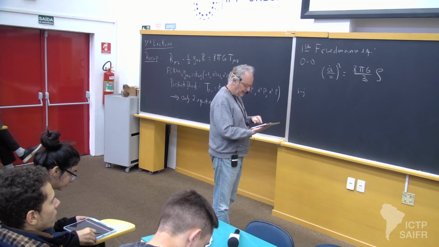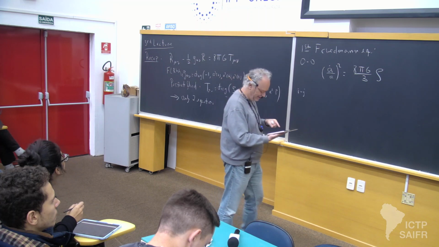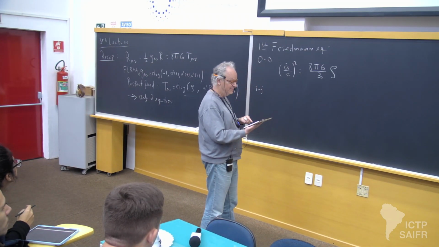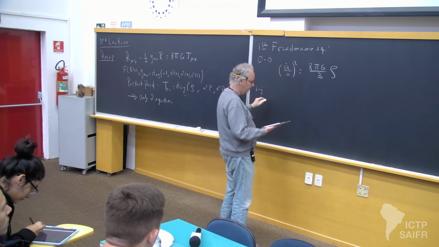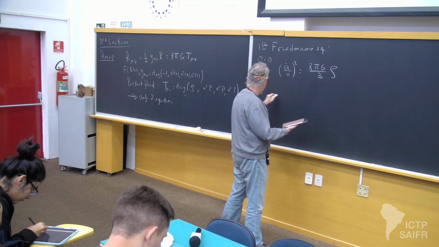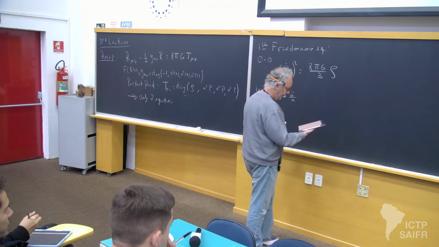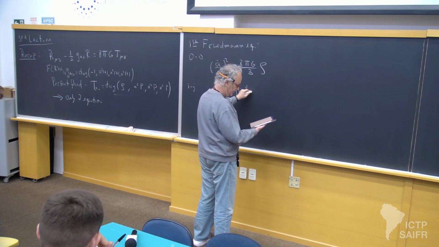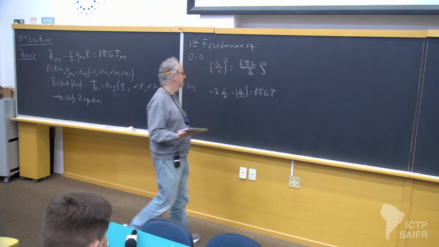So actually, I made a mistake last time. You probably didn't notice, because I didn't derive the equation because I was lazy and was late. So I will do it now, because when you get the ij component, what you really get is the following. You get minus 2 a double dot over a minus a dot over a square is 8 pi G pressure.